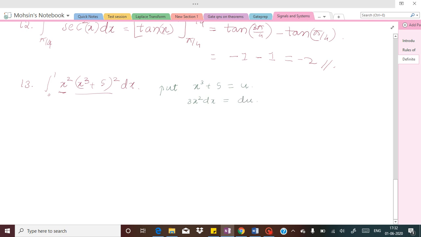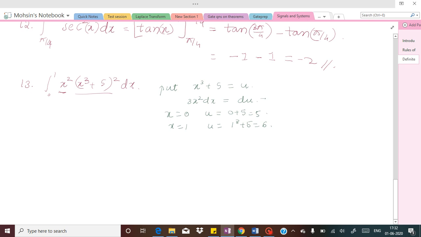Okay, so therefore, and also we can see here when I put x equal to 0, u will be equal to 0 plus 5, so that is 5. Similarly, x equal to 1, u will be equal to 1 cube plus 5, that is equal to 6. So limits are also going to change.